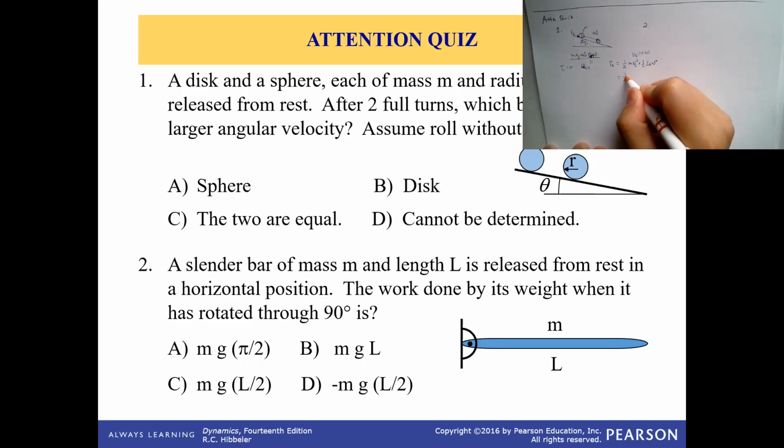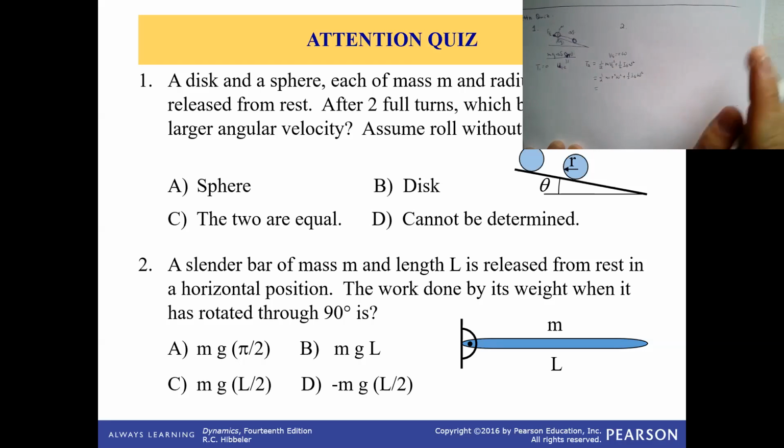So this is 1/2 m r squared omega squared plus 1/2 I G omega squared. We can take 1/2 out, so m r squared plus I G times omega squared equals the same U1 to 2, plus 0. So T1 plus U1-2 equals T2.